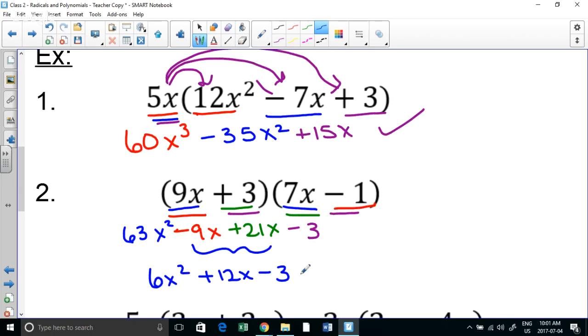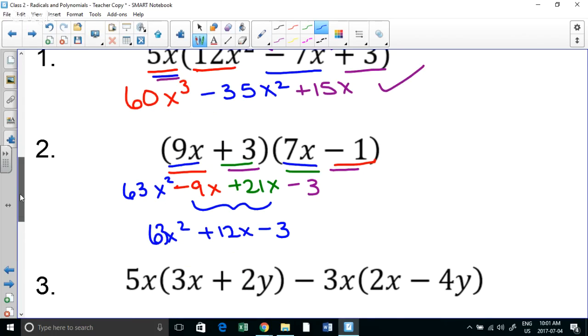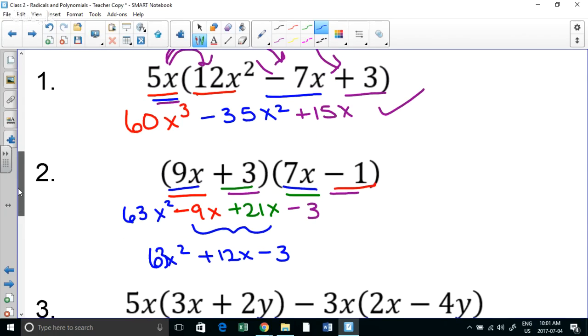The 3 doesn't go with anything. Miss, it's 63, not 6. You wrote 3, 6x squared is 63. There we go. Thank you. 63. We FOIL, and that is that. Everyone remember how to do this? Fantastic.